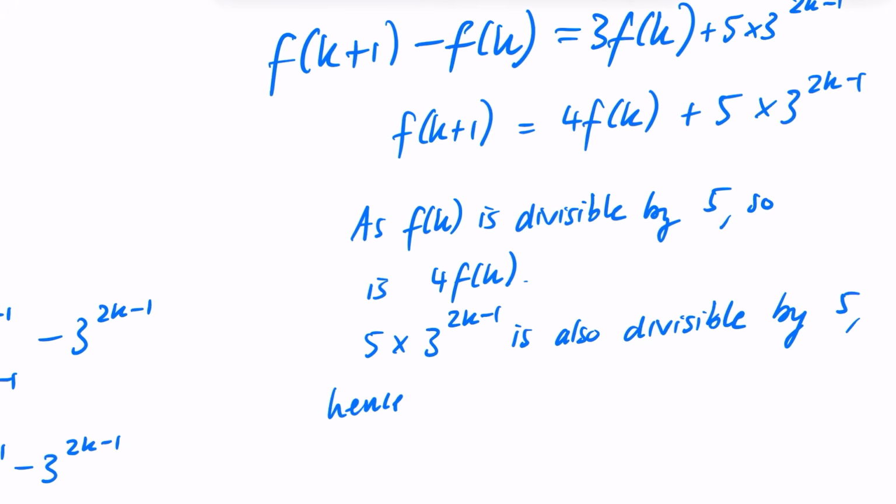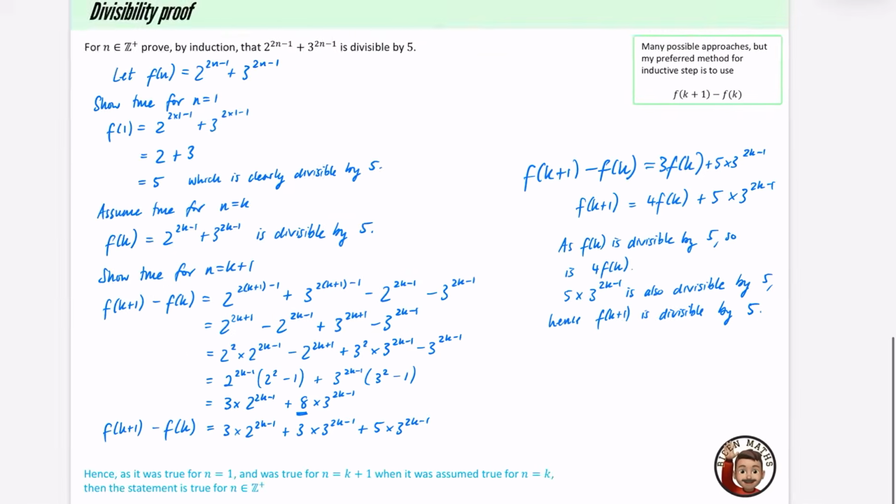Hence, f of k plus 1 is divisible by 5. If this thing is a multiple of 5 and this thing is a multiple of 5, when you add two multiples of 5 together, it is still a multiple of 5.